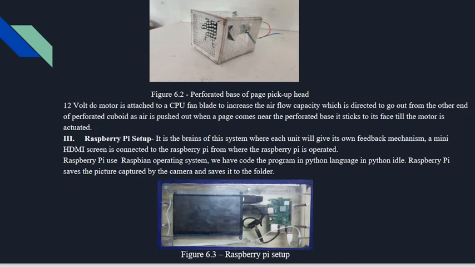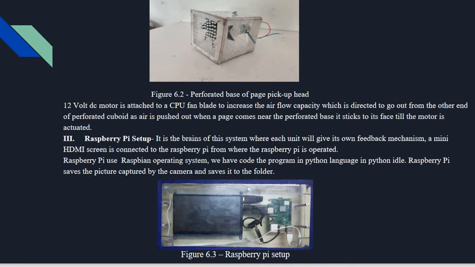A 12-volt DC motor is attached to a CPU fan blade to increase the airflow capacity, which is directed to go out from the other end of the perforated cuboid. As air is pushed out, when a page comes near the perforated base, it sticks to its face till the motor is actuated.